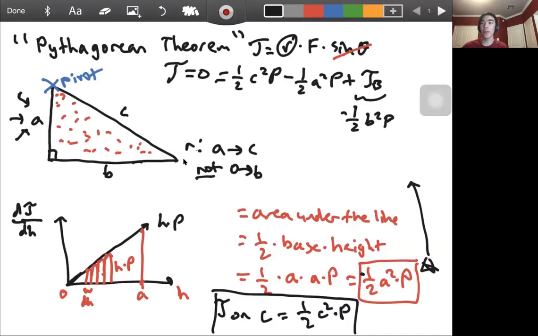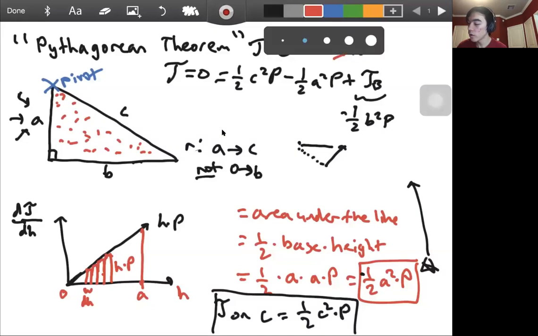And the reason why is one of the parts of torque that I said was cool earlier. If you remember from torque, when we had a force that's not 90 degrees to the radius, we can draw perpendiculars.